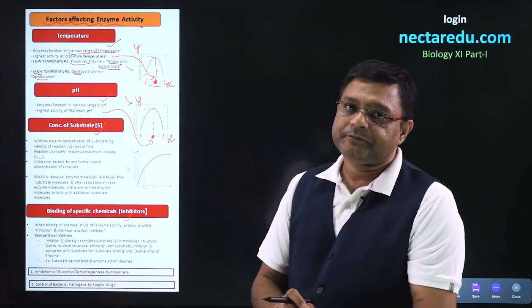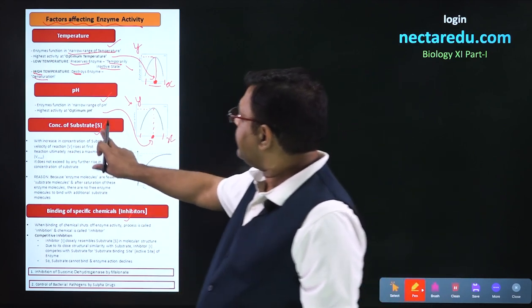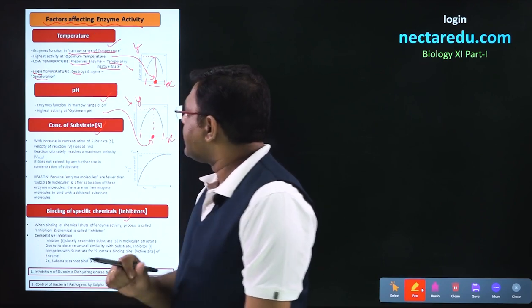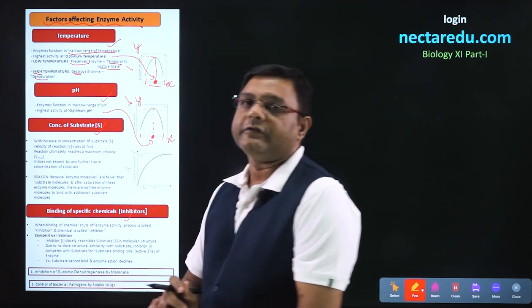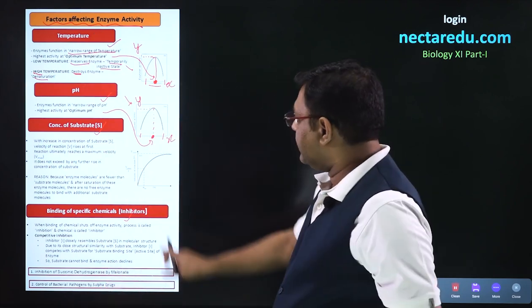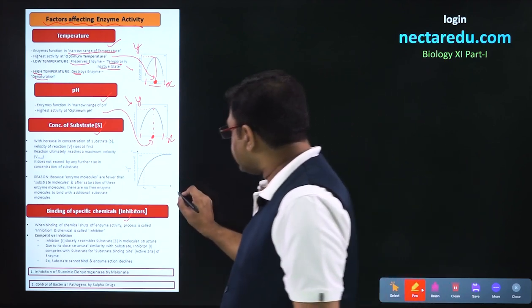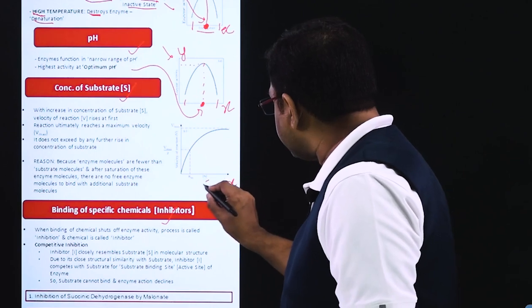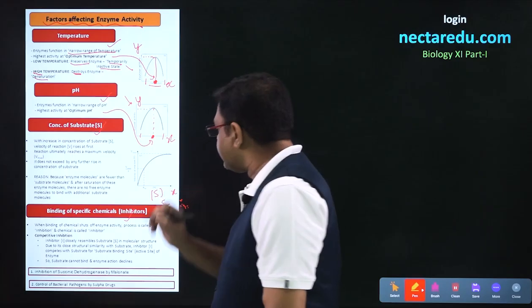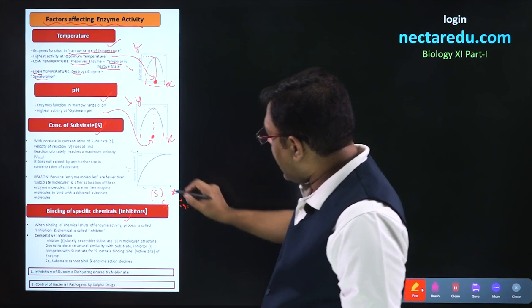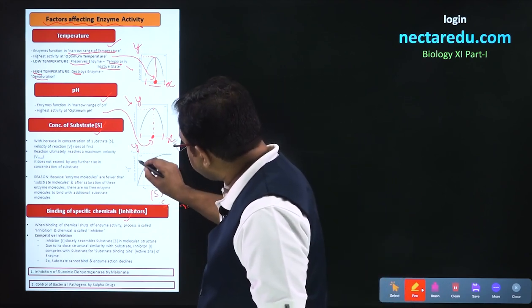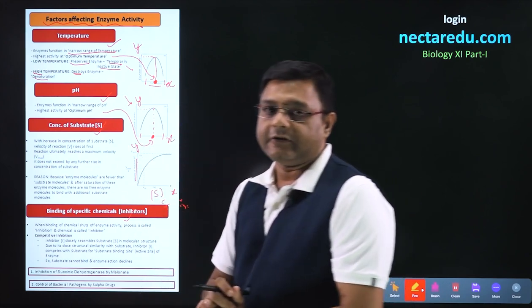As we were talking about maximum activity of the enzyme at the optimum temperature, similarly at optimum pH, activity will be highest. Moving to the third factor which affects enzyme activity, that is the concentration of substrate. Let us understand it by this graph. On the x-axis, concentration of substrate is shown, and on the y-axis, velocity of reaction is shown.